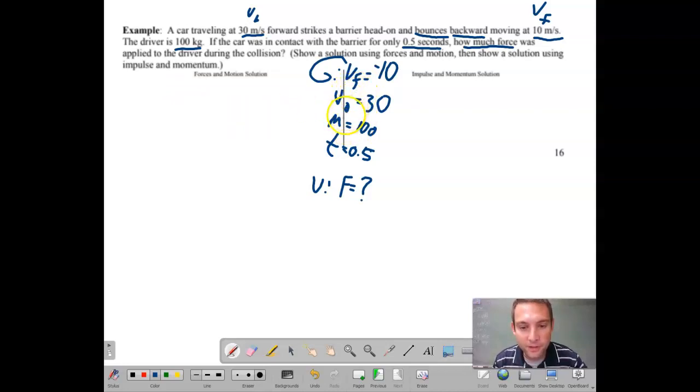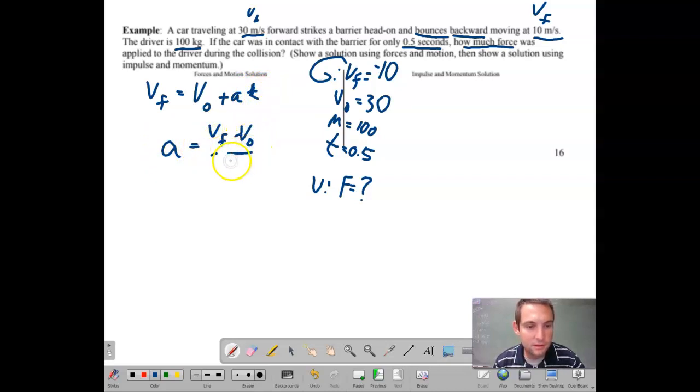Constant acceleration opens up those constant acceleration problems. So we have VF, we have V naught, we have T. We can use velocity as a function of time, VF equals V naught plus AT. Solving for acceleration, we get acceleration equals VF minus V naught over T, which is delta V over T. Plugging in, we have negative 10 minus 30 divided by 0.5.